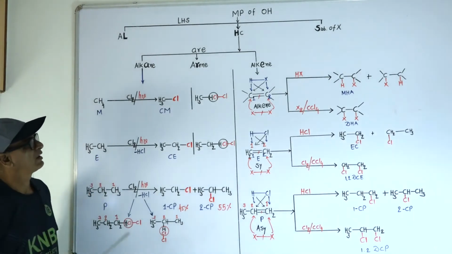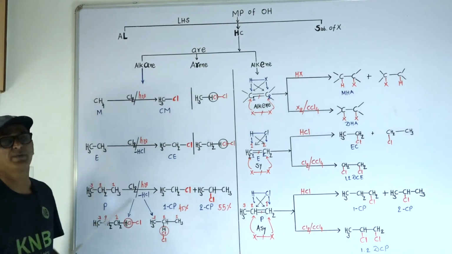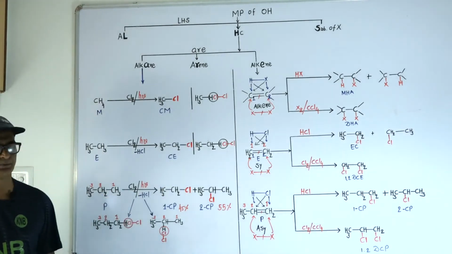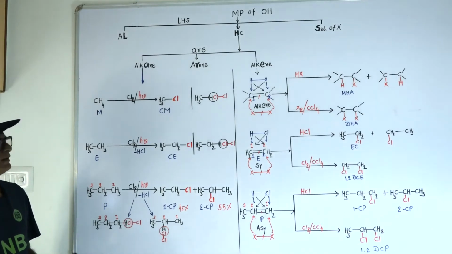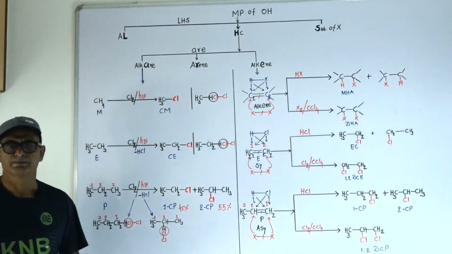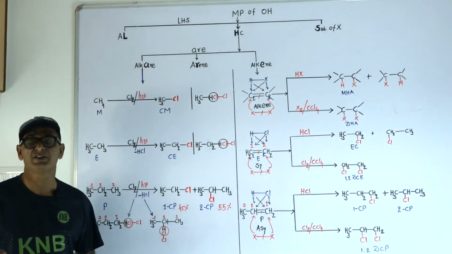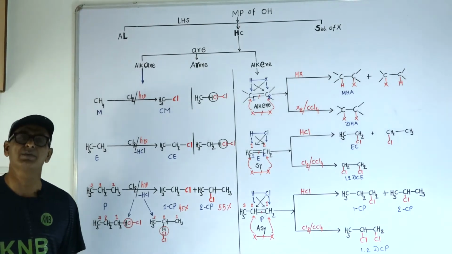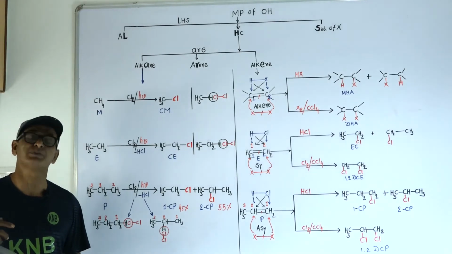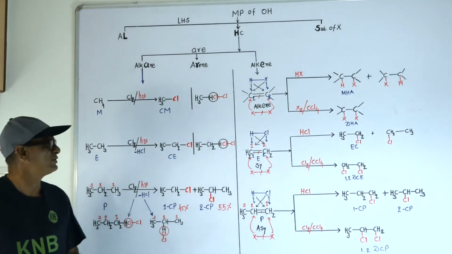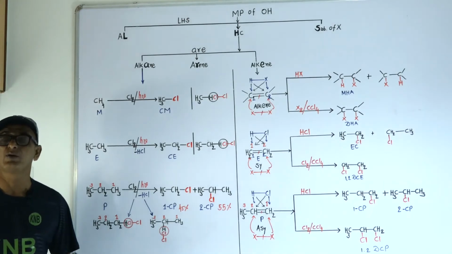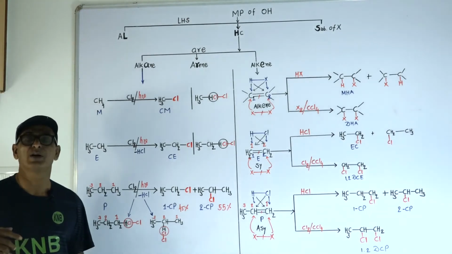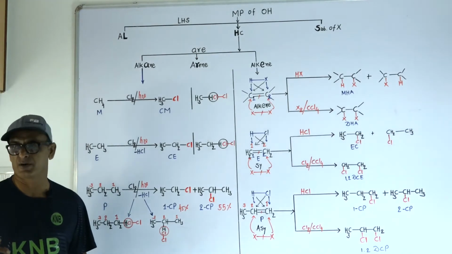Today we see how we can prepare organic halide from alkane and alkene. Alkane is one type of hydrocarbon compound in which each carbon atom is sp3 hybridized. Otherwise, you can say the hydrocarbon compound in which each carbon atom is surrounded by 4 sigma bonds.